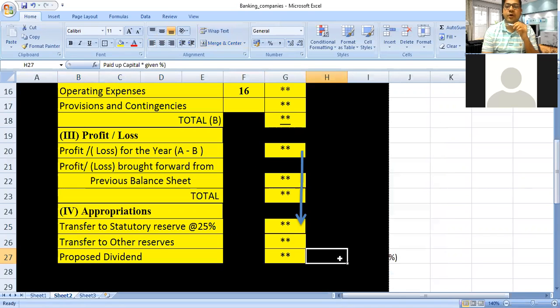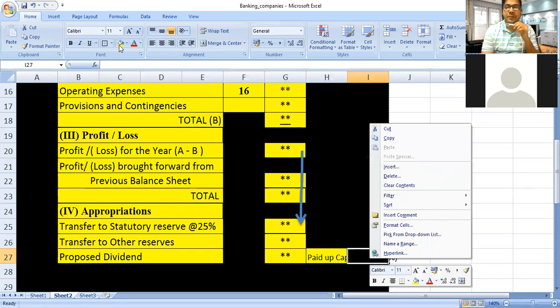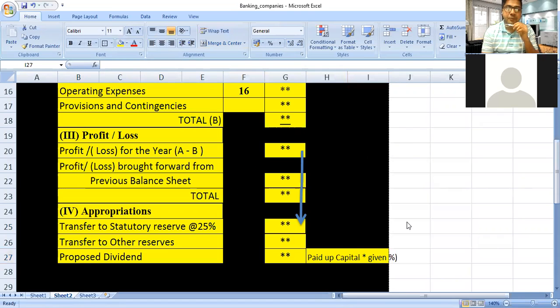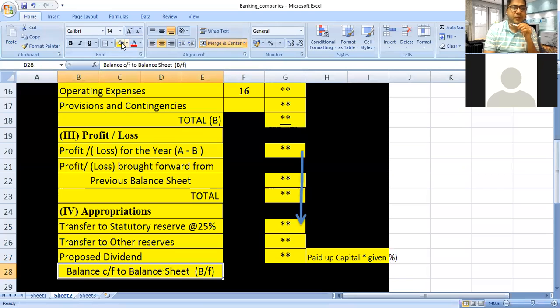Whatever the banking company's paid up capital is, we have to see that, and on that capital we find the dividend percentage they decided. If they decided on a 10% proposed dividend, we have to calculate the 10% on paid up capital. So keep these things in mind.